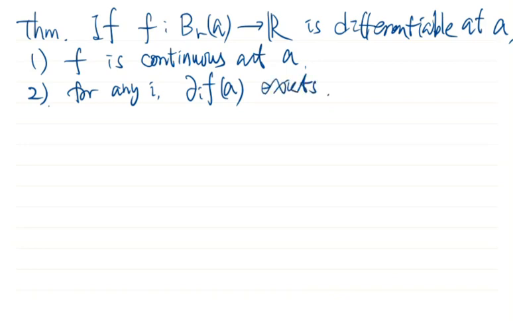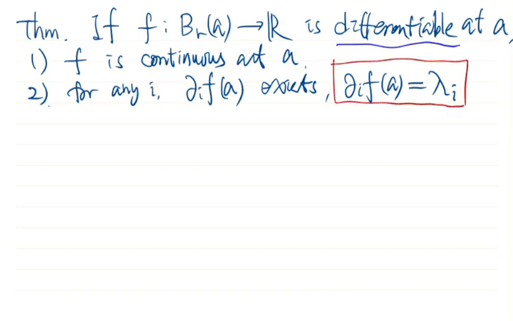And we not only know that it exists, we also know that the value of the partial derivative is exactly lambda i. We have seen that the differentiability involves a vector lambda in Rn. Here lambda i is the ith component of lambda. So for every i, the partial derivative equals lambda i, which means the gradient of f at a is nothing but lambda.